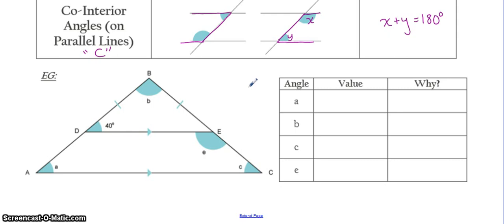So you can answer these in any order, but the value we get for A would be equal to 40 degrees. Can you think of why it's equal to 40 degrees? It is because there is an F pattern right there. So it is the F pattern.